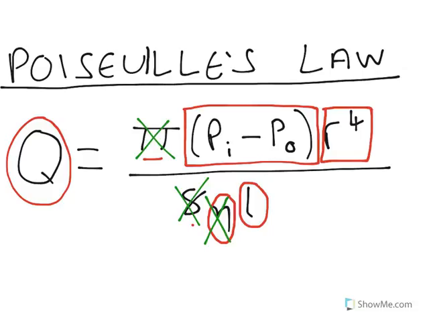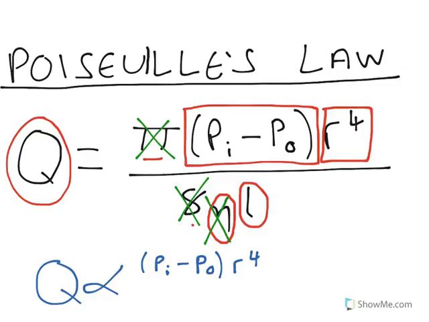So in this case, what we would end up with is that Q, the flow rate, is proportional to the pressure difference between the two ends of our pipe or our blood vessel, multiplied by the 4th power of the radius, divided by the length.